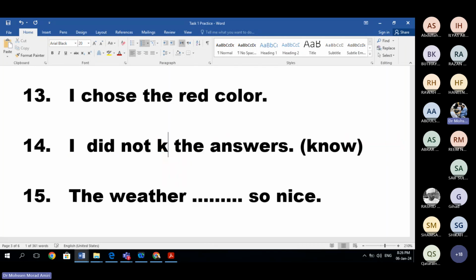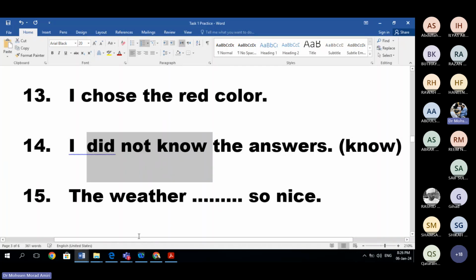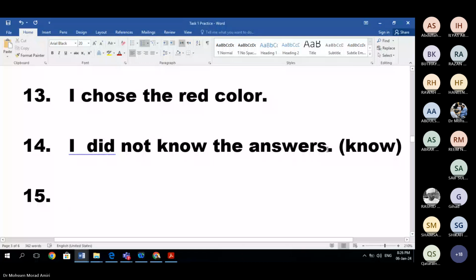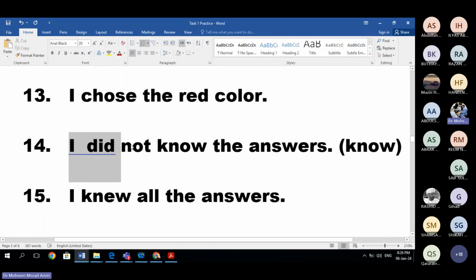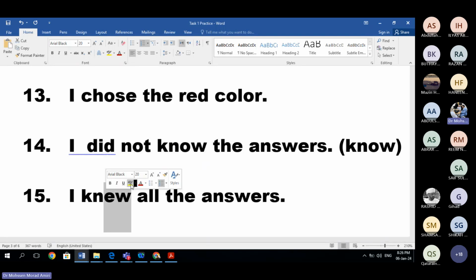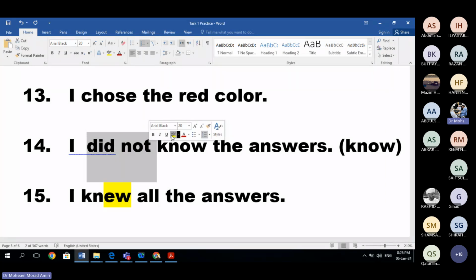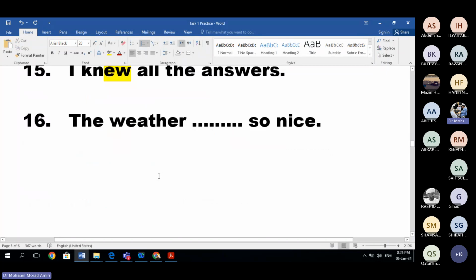No. Yes, here it should be know now. If you want to make it negative, it will be like this: I did not know the answer. But if you want to make it positive, it will be like this: I knew all the answers. This is the positive, but this is the negative: I did not know the answers. So be careful, Shabab, about this part. You should not make mistakes because many students have problems in this.